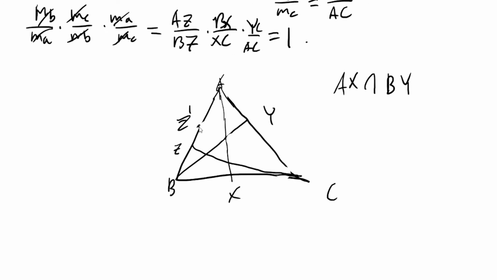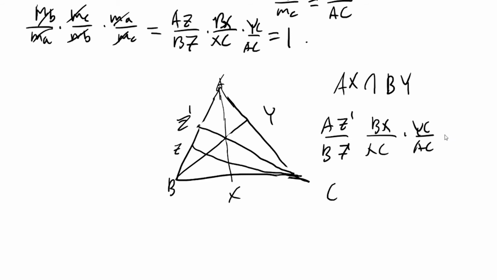Let's call that Z prime and make it intersect with C. Then we in fact have that AZ prime over BZ prime times BX over XC times YC over AC is equal to 1 by the forwards direction that we have proved.